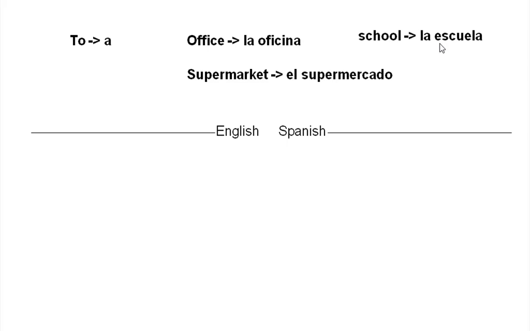School, escuela, la escuela. And supermarket is supermercado. This is a masculine noun, hence the is represented by el, el supermercado. Don't worry, we will have a lesson on just describing various forms of the in Spanish.